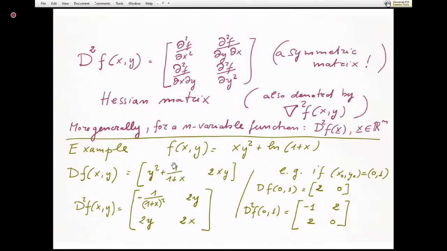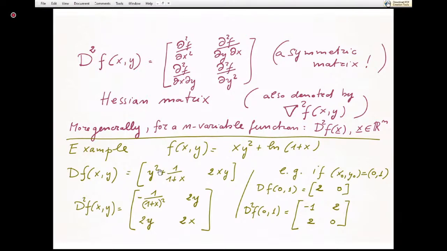I can compute either the derivative of this with respect to y, or the derivative of this with respect to x. Here I get 2y, and here I get again 2y. Is that clear? This is the matrix of the second partial derivatives.